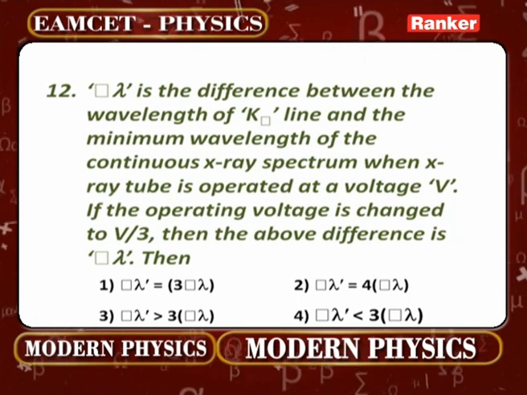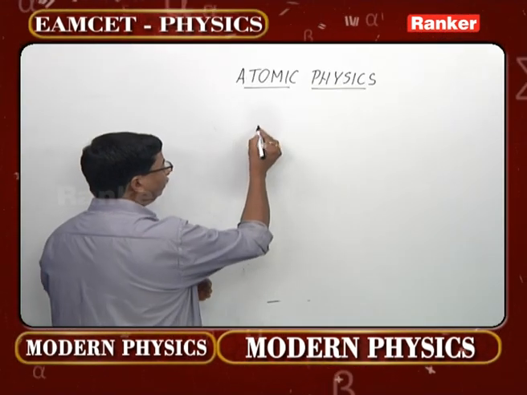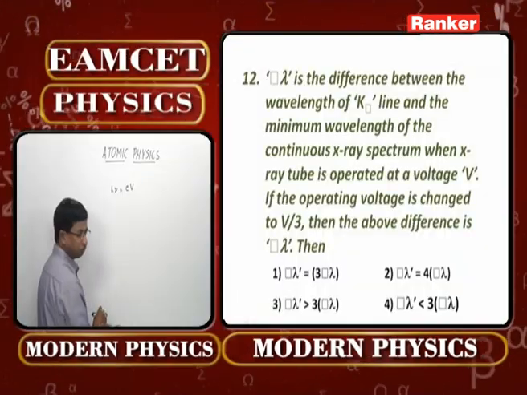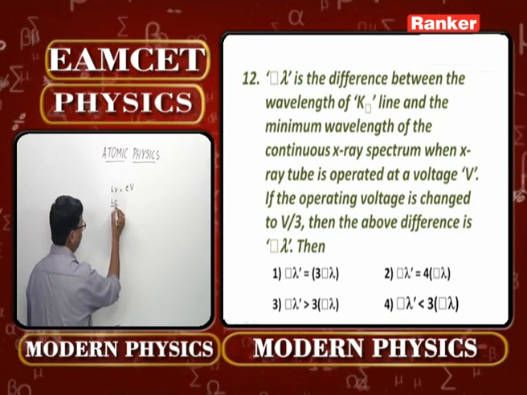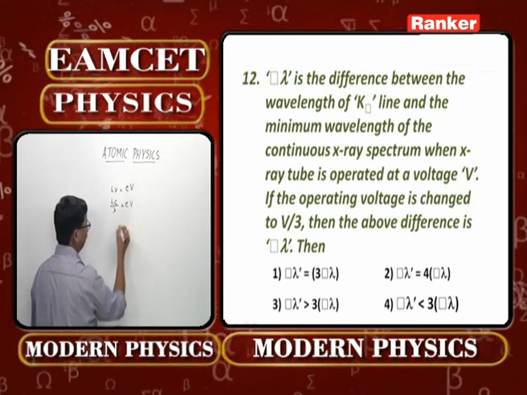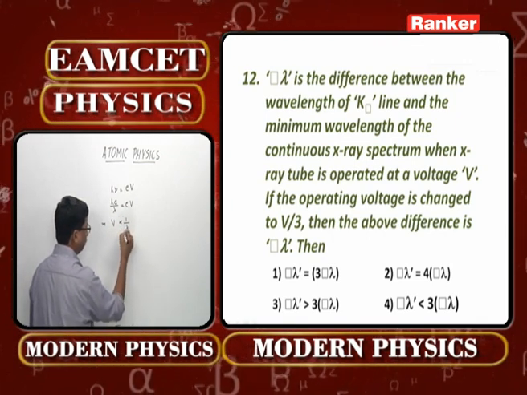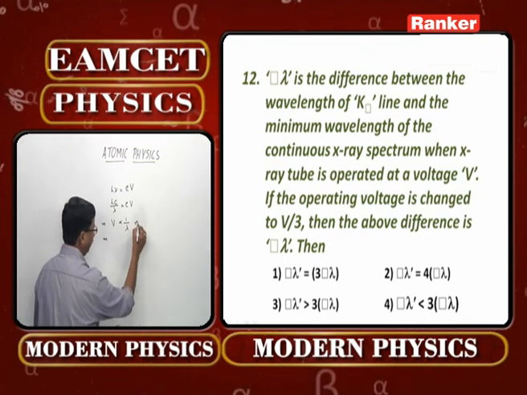First you should understand that h nu is equal to eV. You can write the same thing as hc by lambda is equal to eV. So can't you now understand that V is inversely proportional to lambda? In other words I can write it like this.